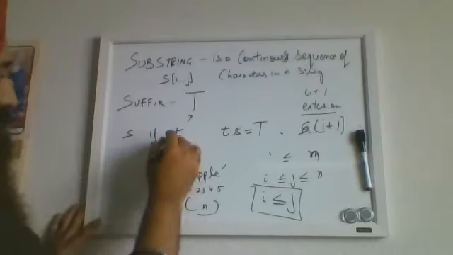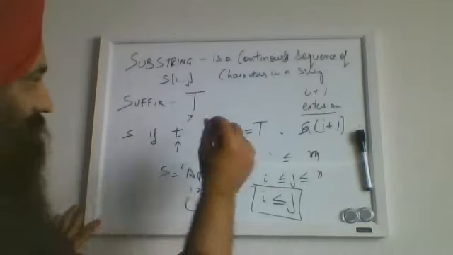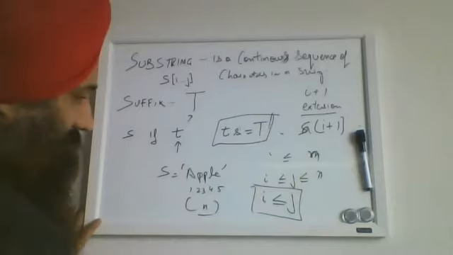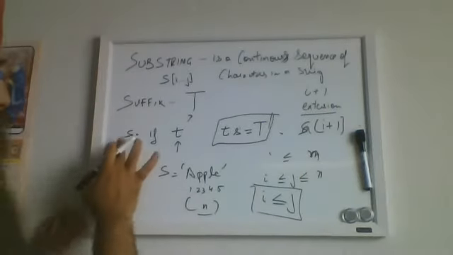So when you concatenate p and s, you get the bigger string. This is the formal definition of a suffix.